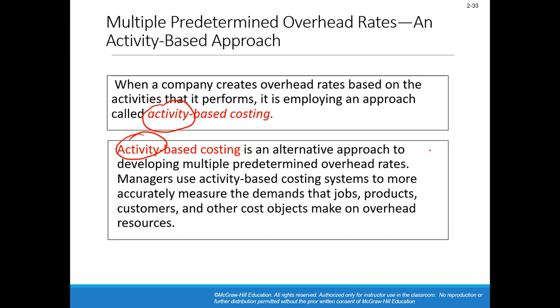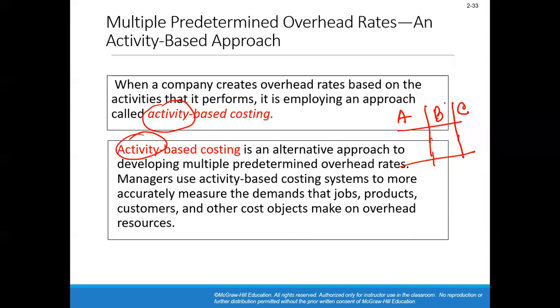So based on that number of activities, say we need to do 3 activities for completing a particular job, we can make the assignment of predetermined overhead rate or overhead costing.